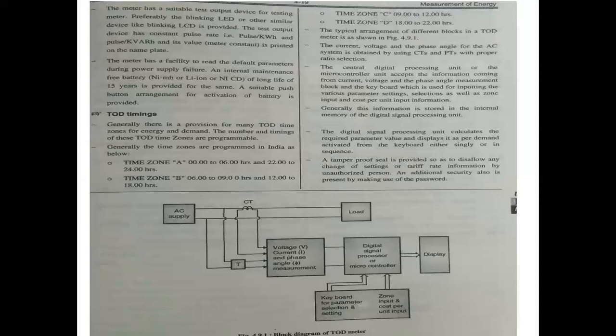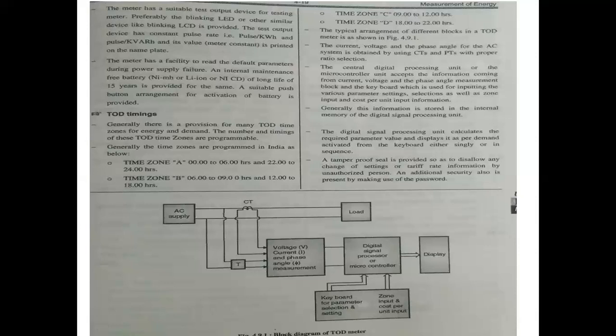First, time zone A is 0 to 6 hours and 22 to 24 hours. Time zone B is 6 to 9 hours and 12 to 18 hours. Time zone C is 9 to 12 hours and time zone D is 18 to 22 hours.